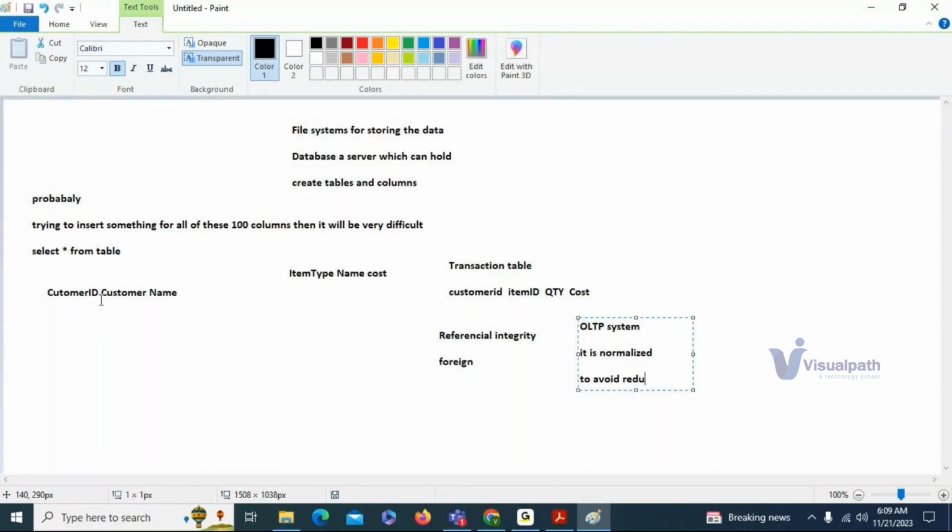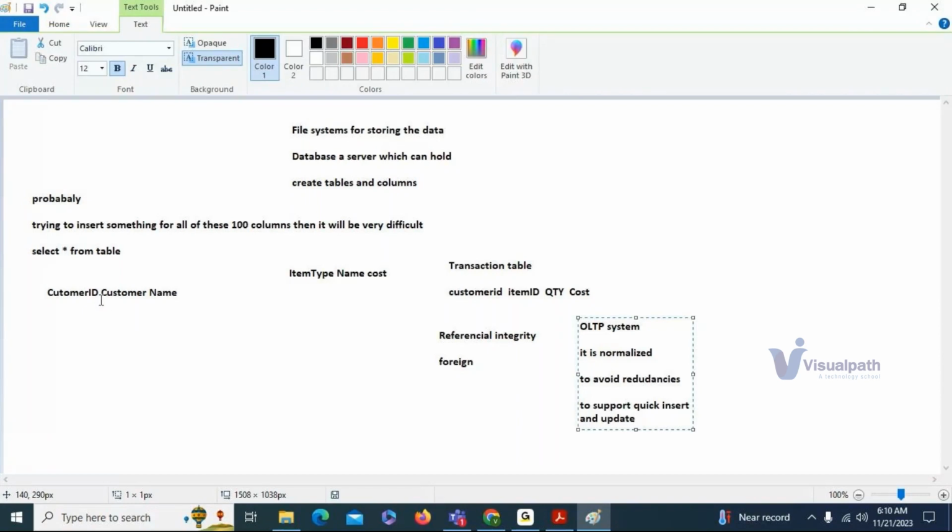In every row you are going to repeat information, which is not required. That is to avoid redundancies and also to support quick insert and update.